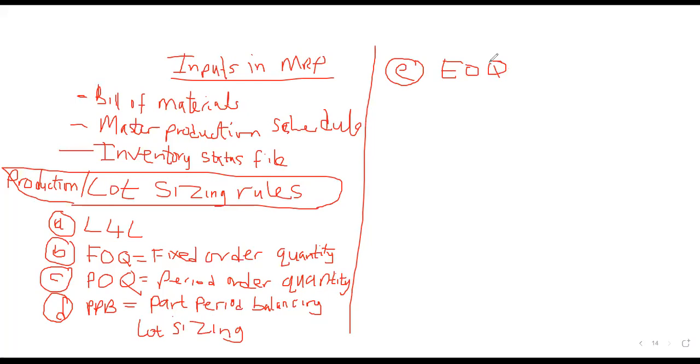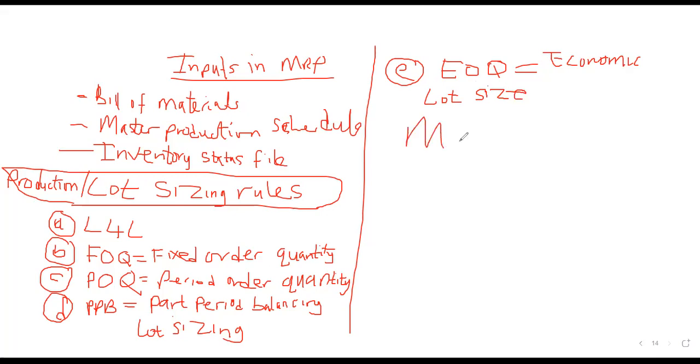So these are the lot sizing rules that are used in material requirement planning. This is economic lot size. Okay, so this is about what we have here.